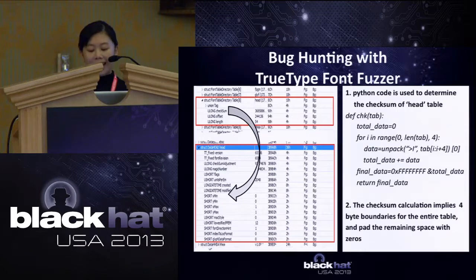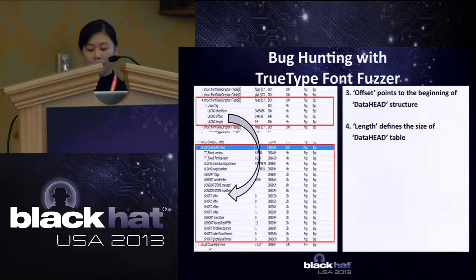Another thing we need to highlight is that the checksum calculation implies 4-byte boundaries for the entire tables. It means that if there is any remaining space, it will be padded with zeros. Besides the checksum values, other important values are the offset and length values.